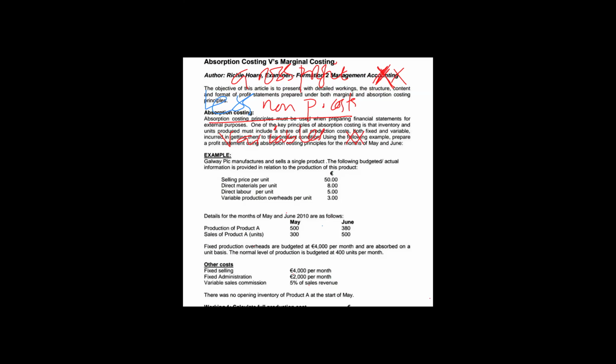Because we don't sell in the factory, that's not where we sell from, therefore variable sales commission qualifies to be called a non-production cost. So we put it there.